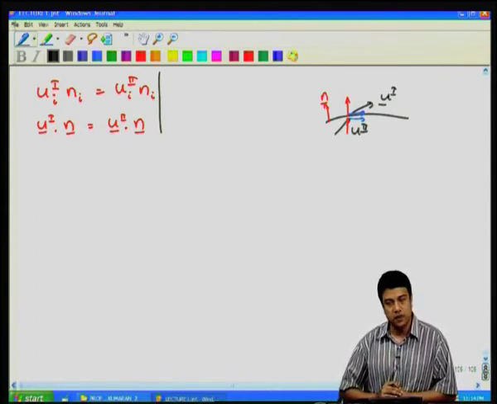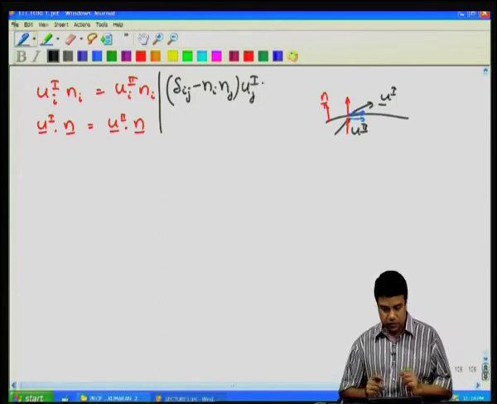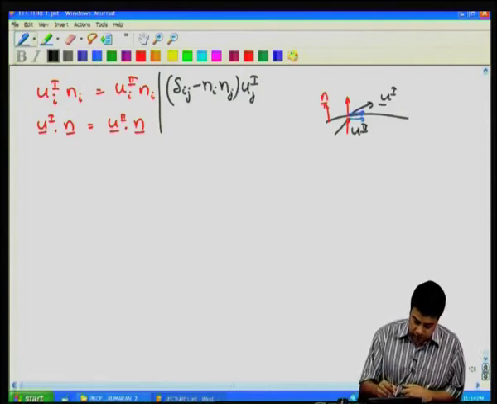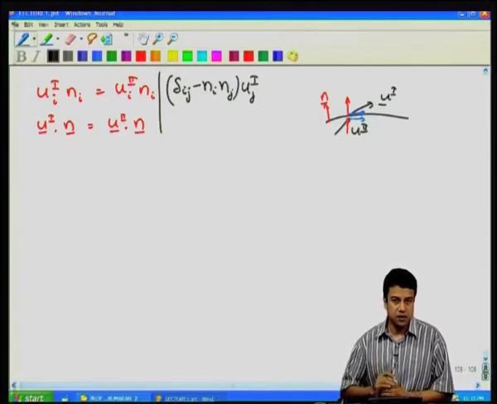The way you get the tangential component of a vector is to take delta ij minus ni nj times uj1. So, delta ij minus ni nj, where n is the components of the unit vector perpendicular to the surface, the unit normal. So, it has three components along the three directions. So, i goes from 1 to 3. The resultant is a vector.